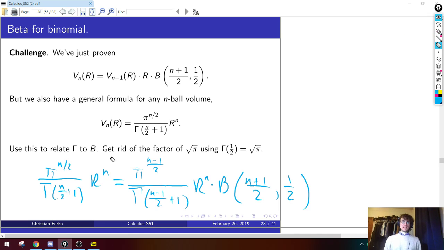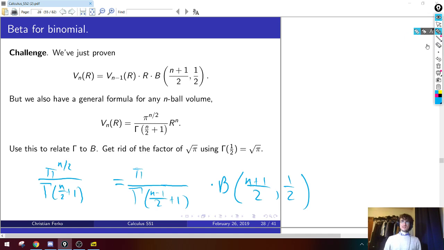Okay, so the nice thing about this is a couple things happen. The r to the power n on both sides cancels, so I'll erase that. So what happens with the pi's? What factor of pi am I left with? Maybe it's easier if I write that.